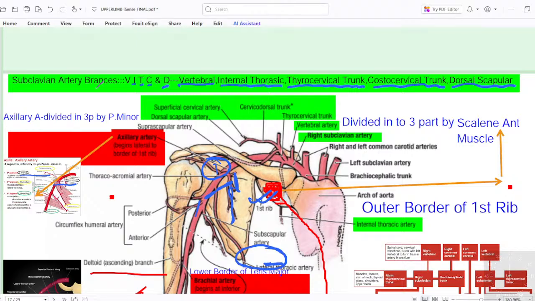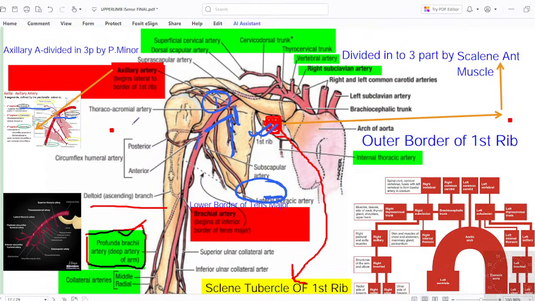Vertebral artery, internal thoracic artery, thyrocervical trunk, costocervical trunk, and dorsal scapular artery. Yes, you can repeat. So vitamin C, D: vertebral artery, internal thoracic artery, thyrocervical trunk, costocervical trunk, and dorsal scapular.